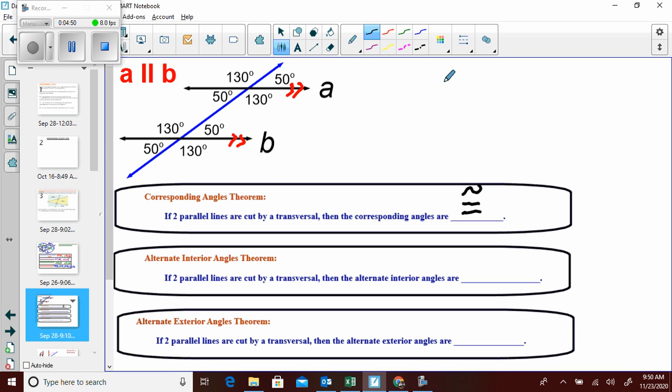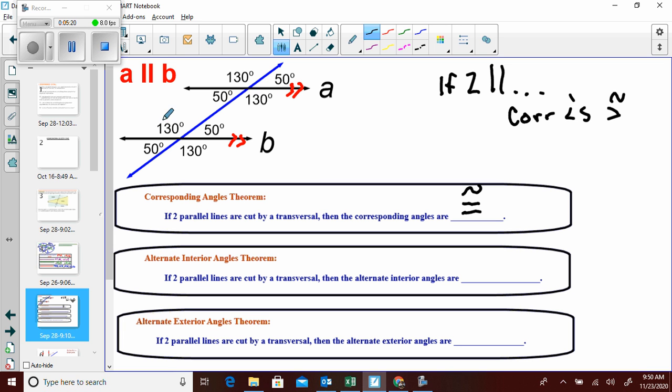And shorthand, we're going to write it out like this. If two parallel, we use a parallel sign. So that means if two parallel lines are cut by a transversal, corresponding angles are congruent. That's going to be our shorthand for that one. Let's look at alternate interior angles.